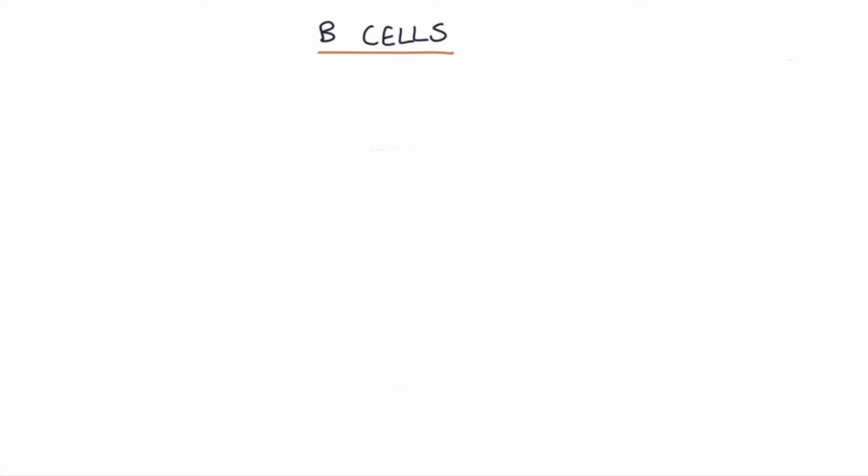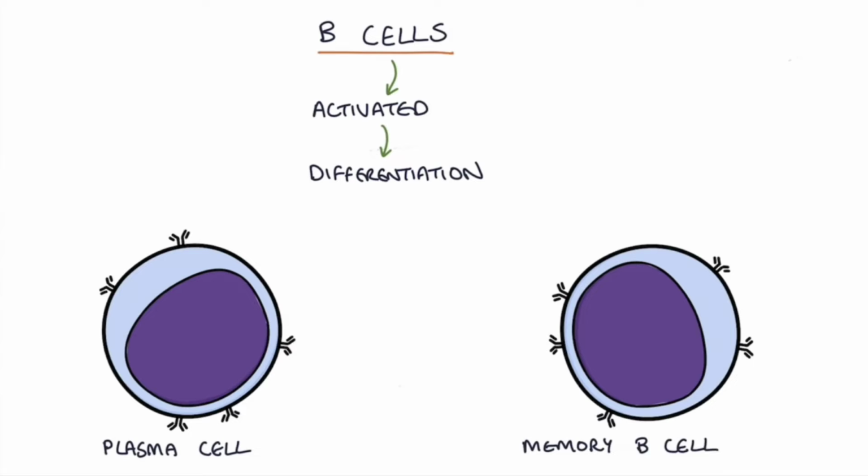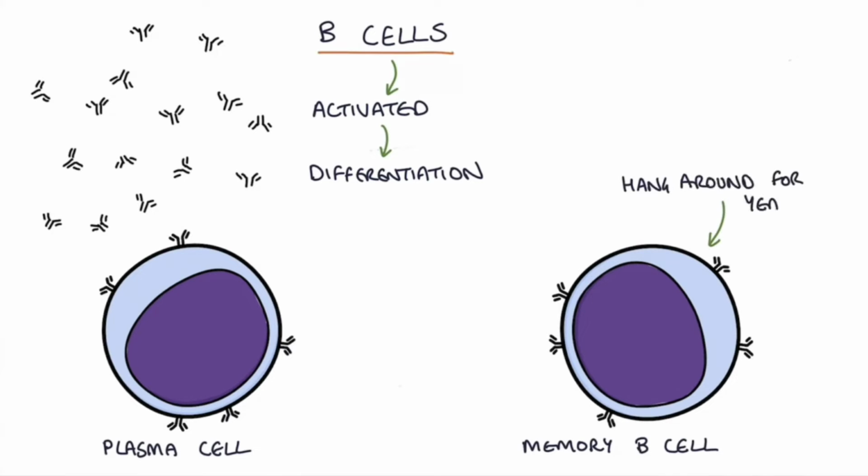Once a B cell encounters the antigen that matches its antibody, it becomes activated and undergoes differentiation and becomes either a plasma cell or a memory B cell. Plasma cells produce vast amounts of their specific antibody, and memory B cells hang around for years as part of the immune memory, so that if they're needed again, they can be quickly activated.